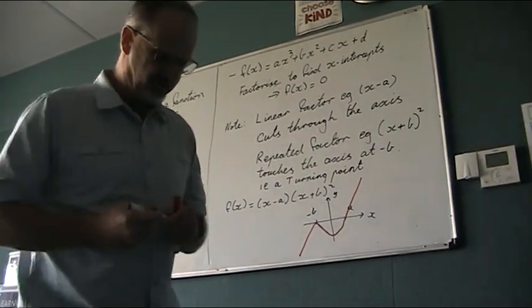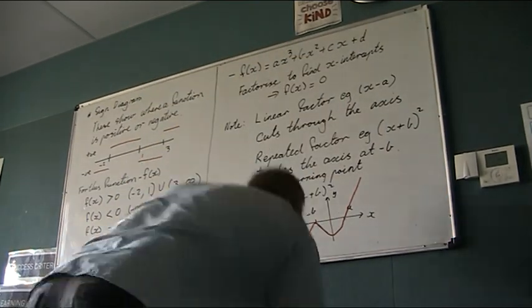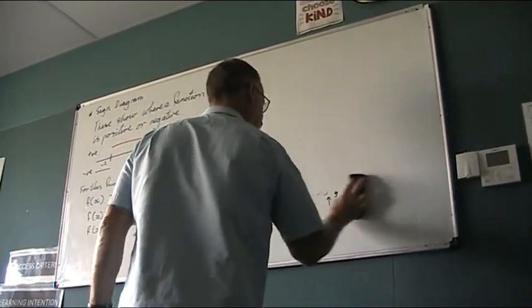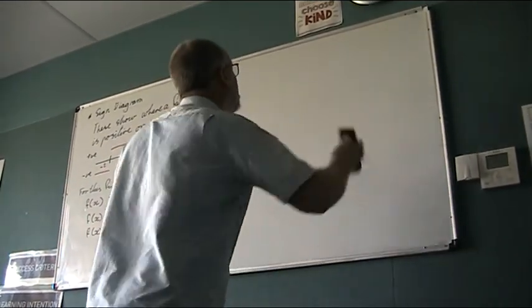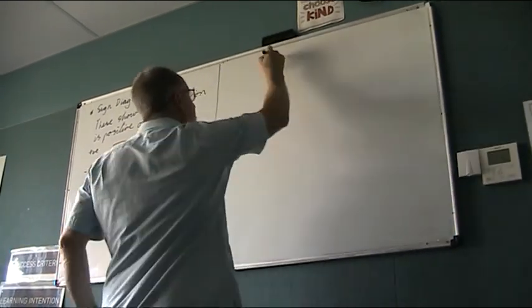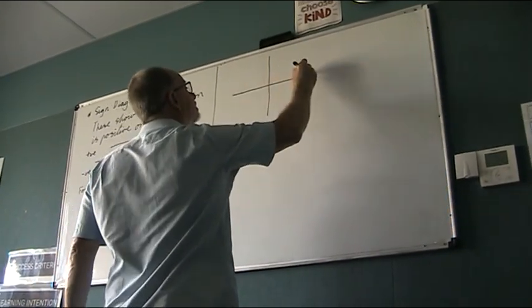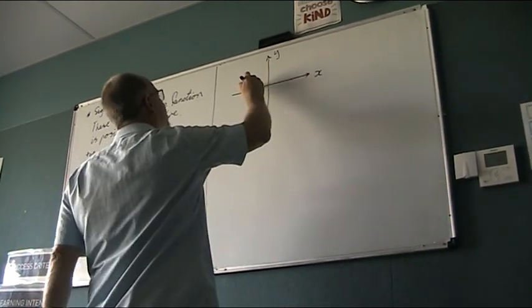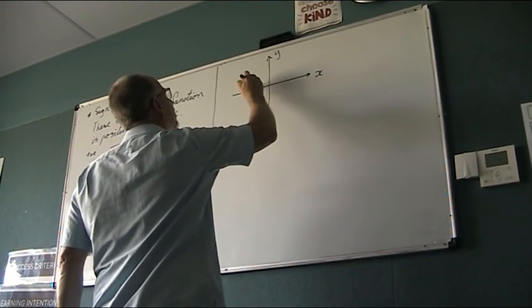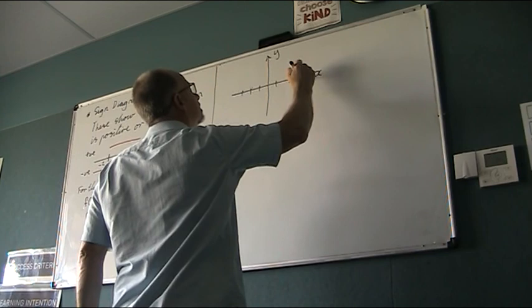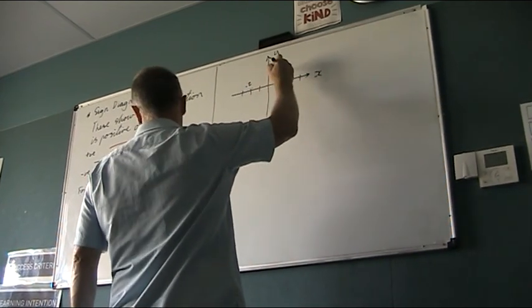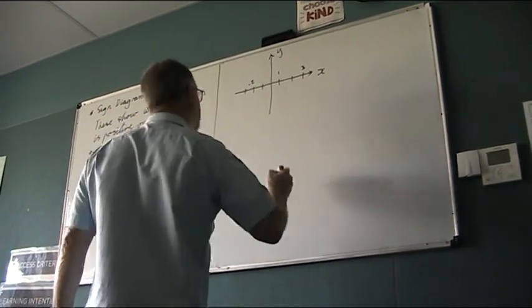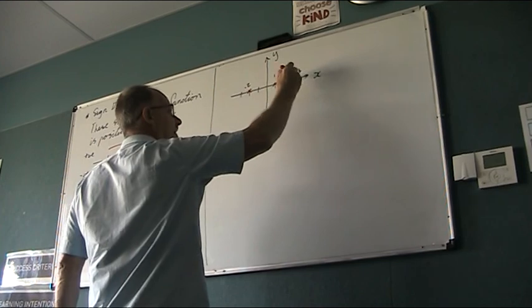So if we were going to draw that particular function, if we drew it, it would look like this. So we've got -2, 1, 3, so we've got our x-intercepts there.